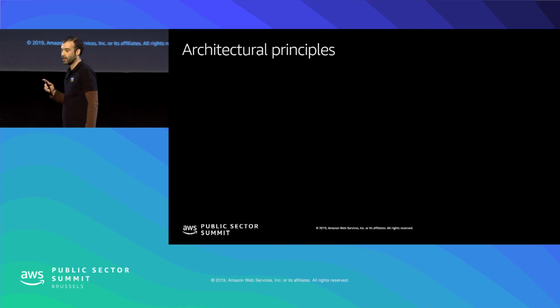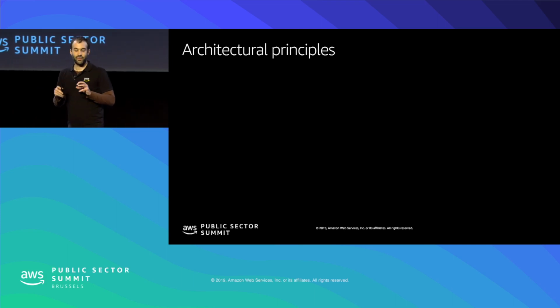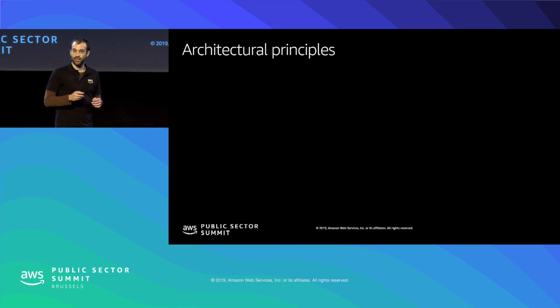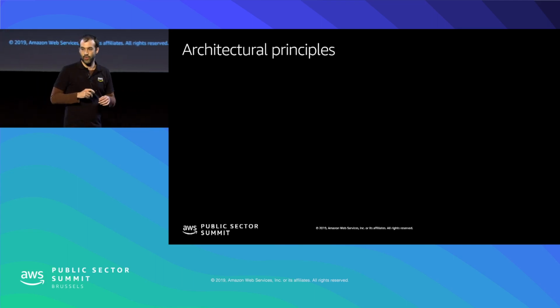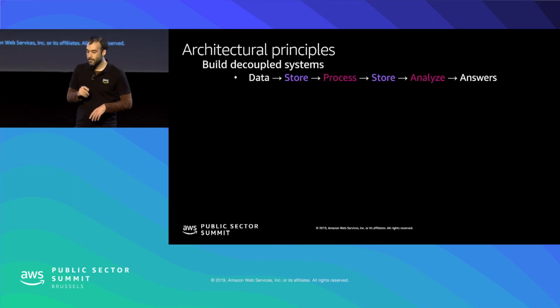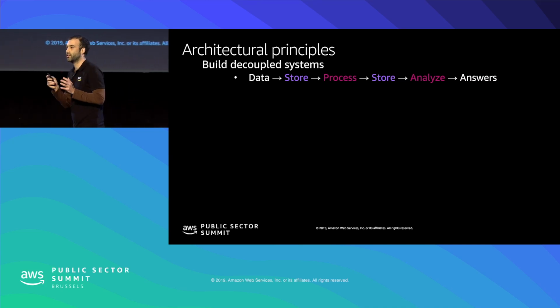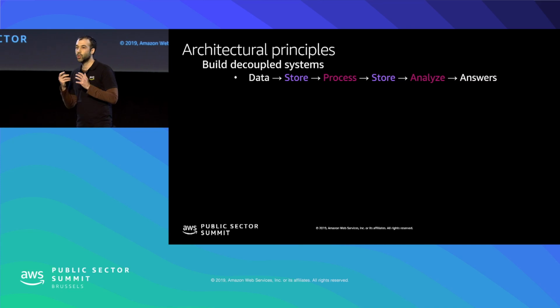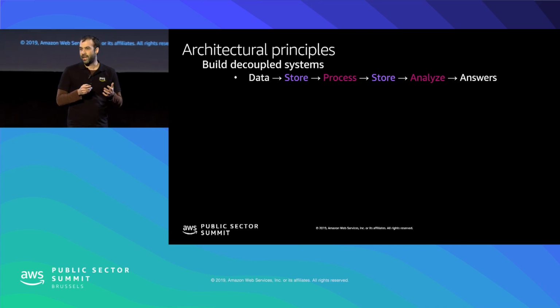OK, before we start all the tools conversations, let's define some architectural principles, so we have a common framework as we go through those options. The first one is a general good practice and good architectural principle, not just when you design big data systems.